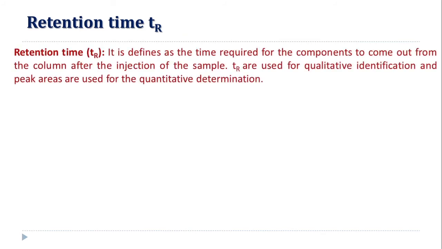Retention time, TR, is defined as the time required for a component to come out from the column after the injection of the sample. So whatever the time required for the components of the sample to come out, that time is called the retention time. TR is used for qualitative identification and peak areas are used for quantitative determination.